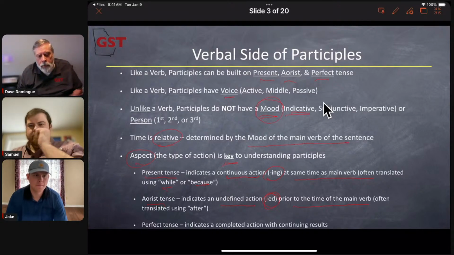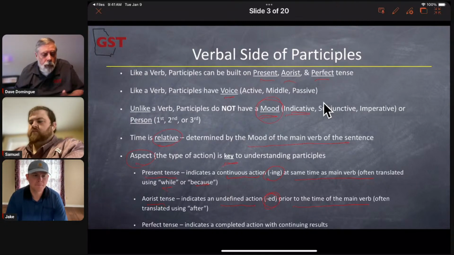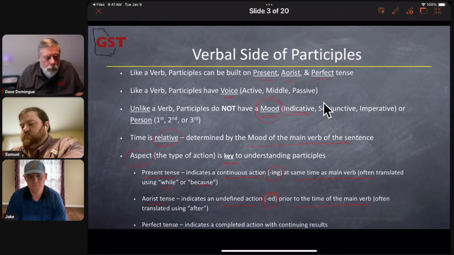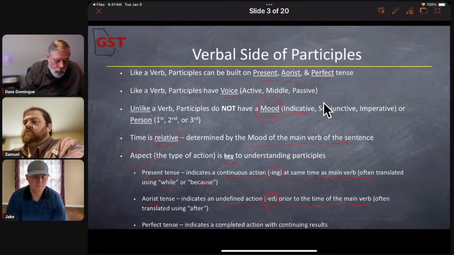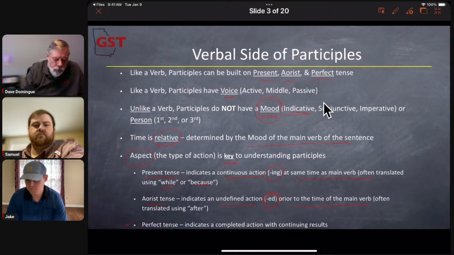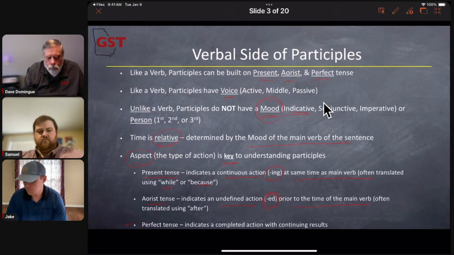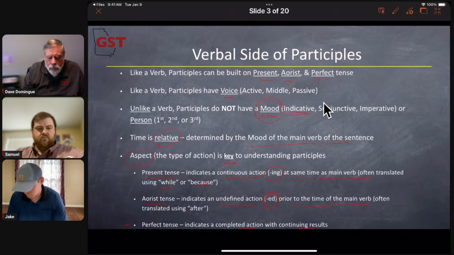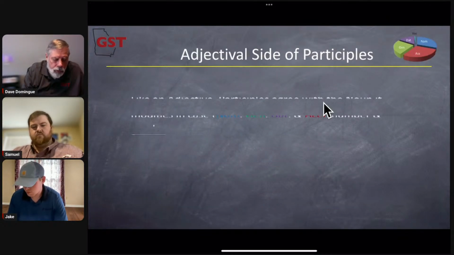So often we would say, after they went, then Jesus spoke. Next week we'll be moving into the perfect tense, where, just like in the perfect indicative, it indicates a completed action with ongoing or continuing results. We'll get more into that later. So that's kind of where we were, to get us caught up.